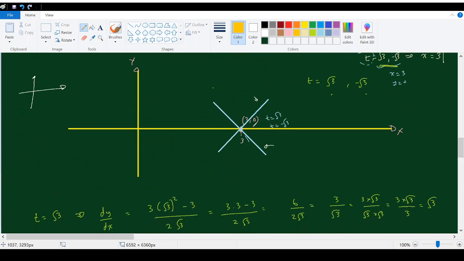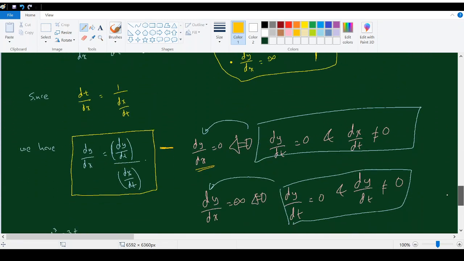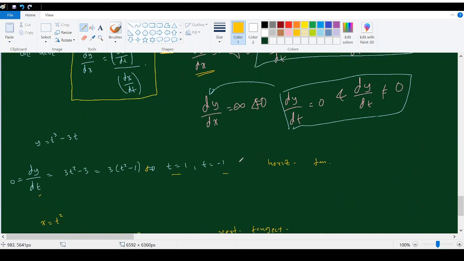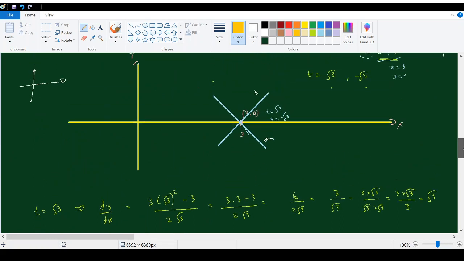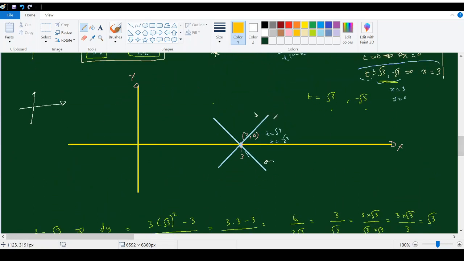Now these two were obtained from the previous calculation, and now here it says when t equals plus and minus 1, you will get a horizontal tangent. So how do we interpret that in our plot?